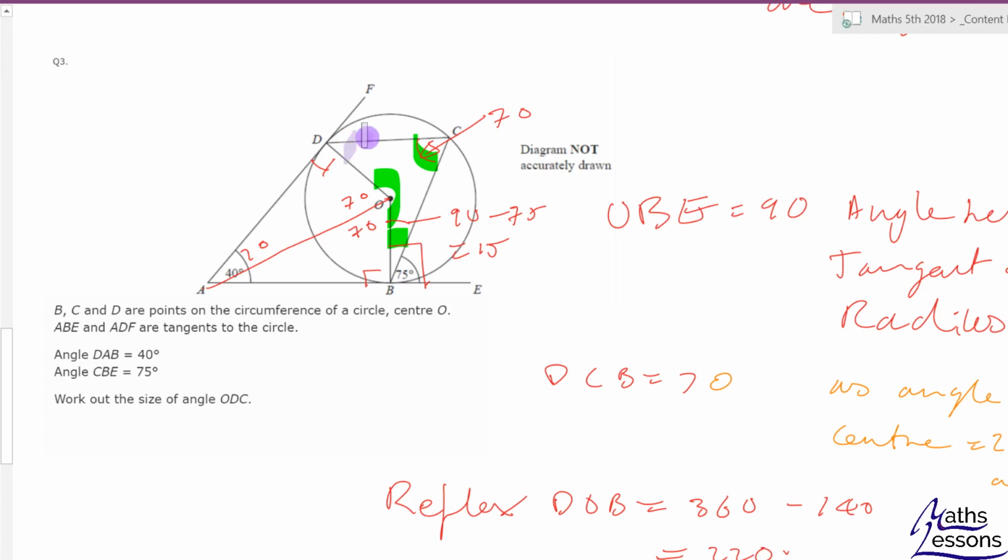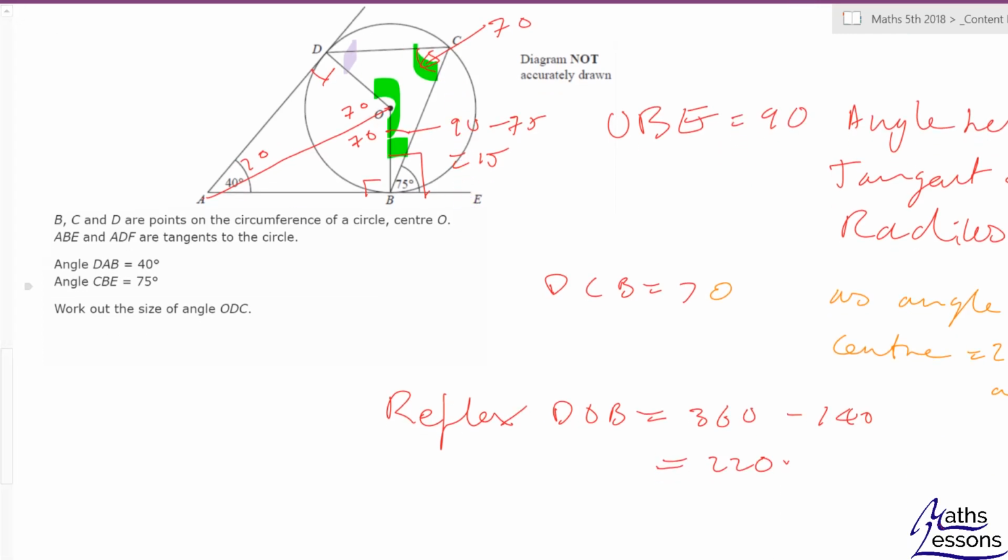So now I've got those three angles, and the one I really want is this angle. And what type of shape do I have? I have a kite. And a kite is a quadrilateral, and the interior angles of every quadrilateral add up to 360. So therefore, ODC equals 360 minus 220 minus the 15 minus the 70.